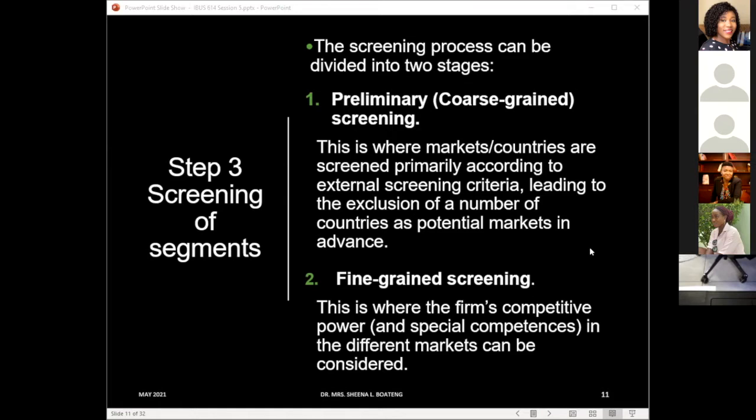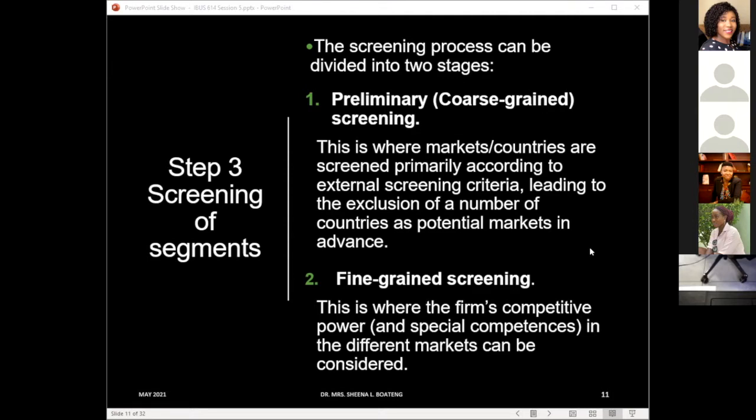So once again, we start from the coarse-grained screening, which is the low-hanging fruit, to give us a general idea of the kind of segment we are working with. And then we go more into fine-grained screening, where we are focusing on our unique advantages by way of competencies and resources to finally screen the segments to pick out those ones that we believe we can serve competitively.